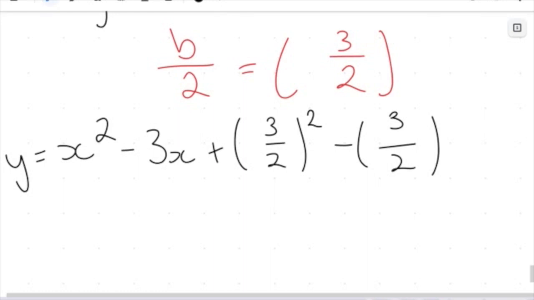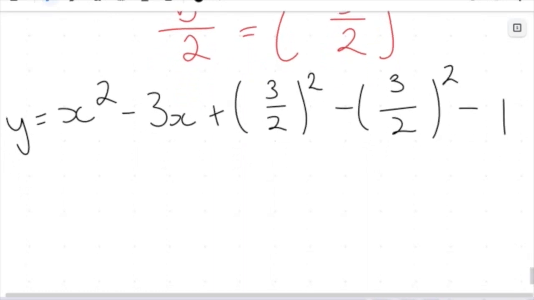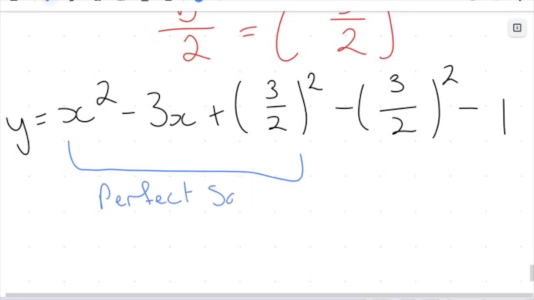And then we just want to have the negative 1 at the end. Okay, so now that we have it in this form, we can condense this bit into a perfect square. We can factorize this really nicely to give us a perfect square.